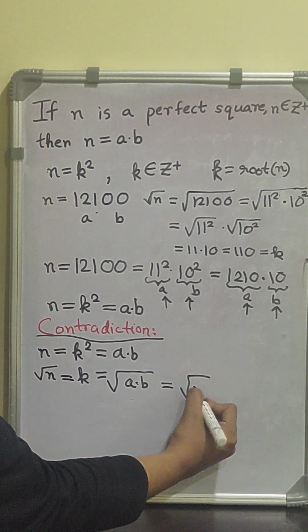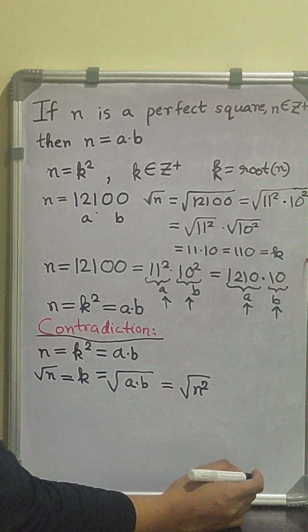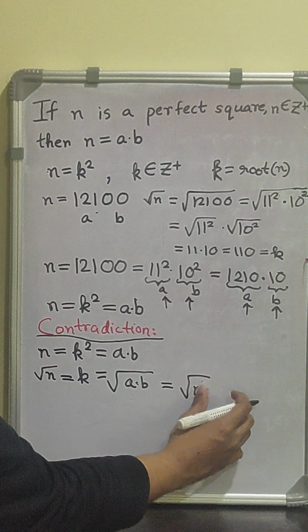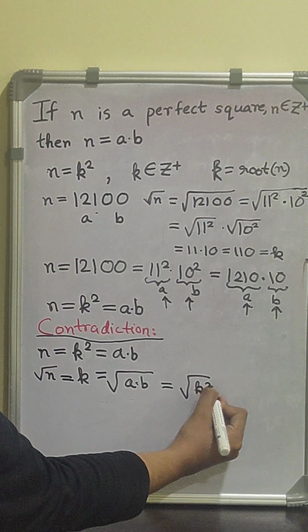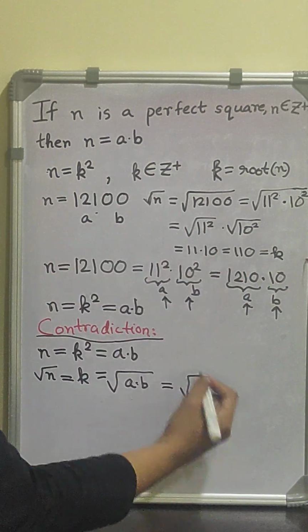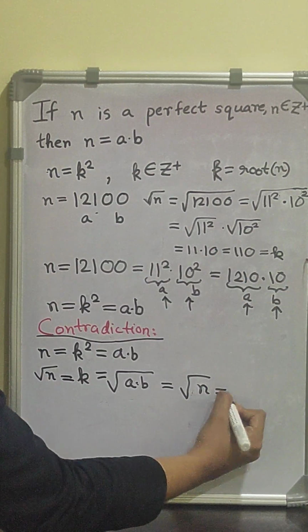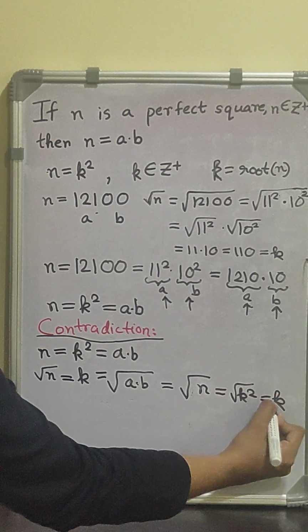So they will represent n, sorry, k squared, because a times b represents n. So they will represent k squared. So you get k.